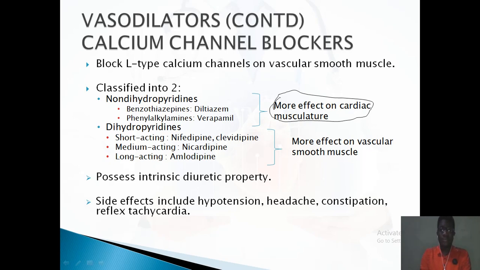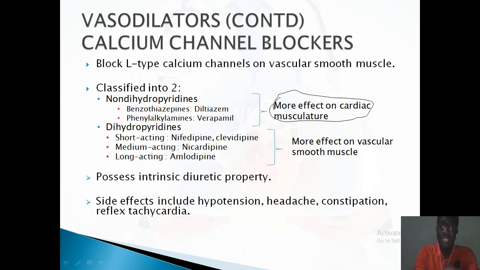What are you going to give to the patient? You cannot give the patient amlodipine because amlodipine is long-acting. Instead, you can give nifedipine or clevidipine. I think clevidipine is more used in clinical practice for hypertensive emergencies. So they have more effect on vascular smooth muscle. Most of these drugs have a short duration of action. Most of these antihypertensives that have short duration of action are used for hypertensive emergencies.